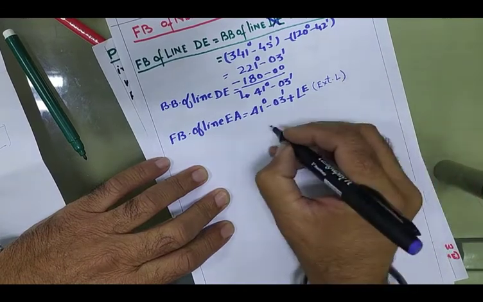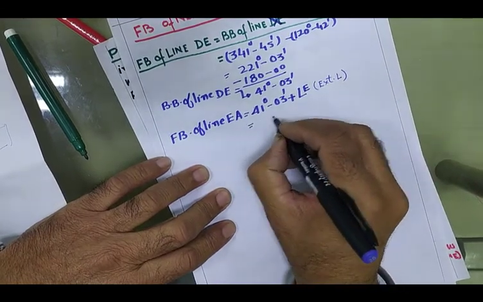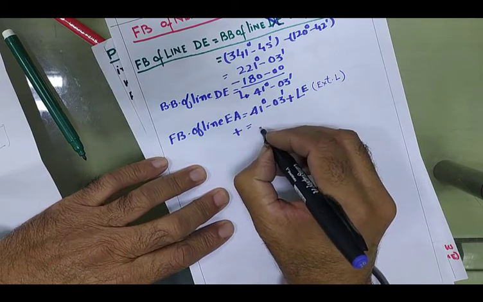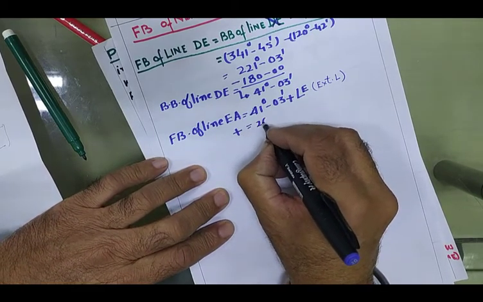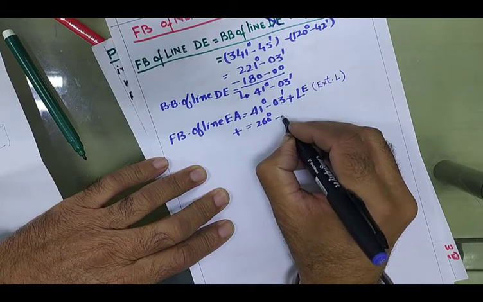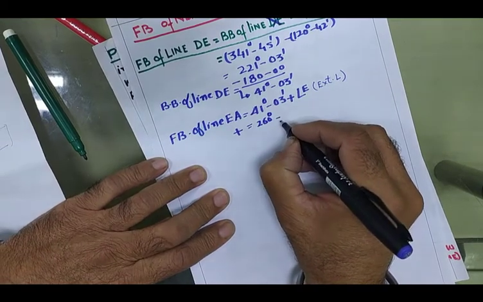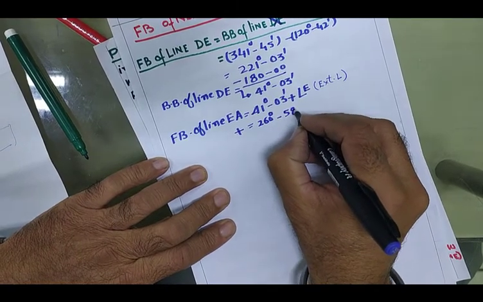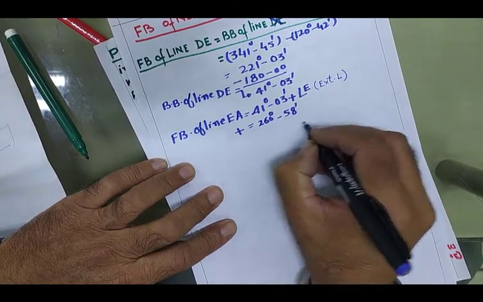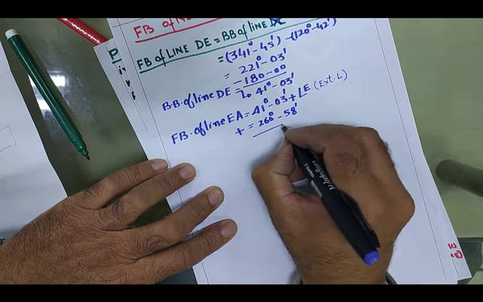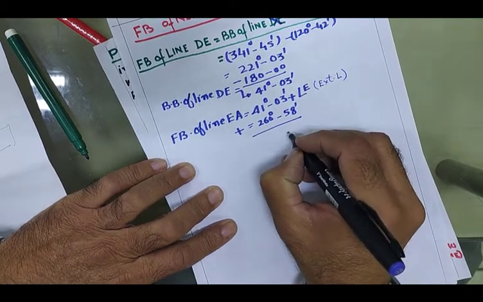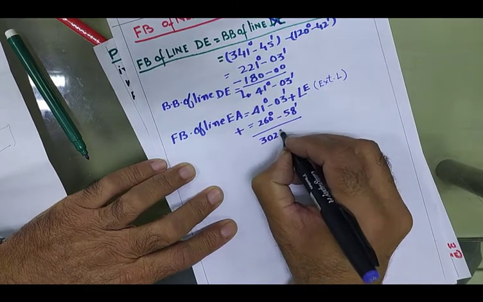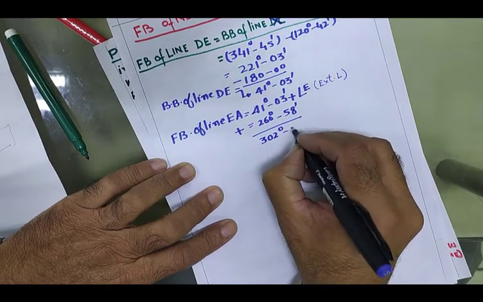Here main precaution is required. So I will take the external angle E, that is 260 degrees 58 minutes. The total sum comes to be 302 degrees 1 minute.